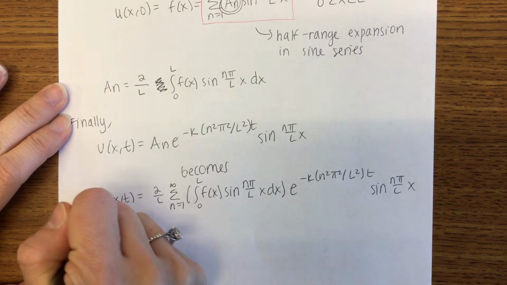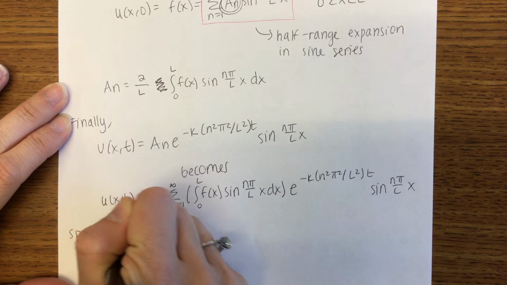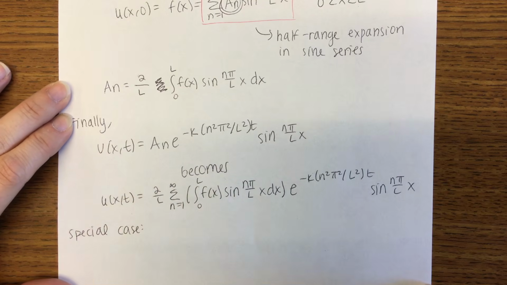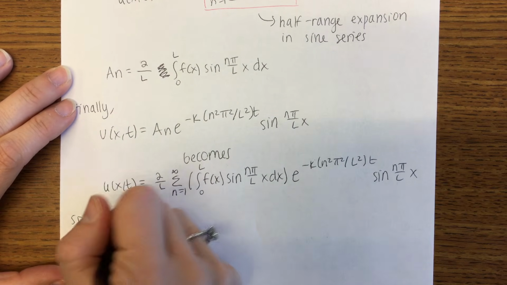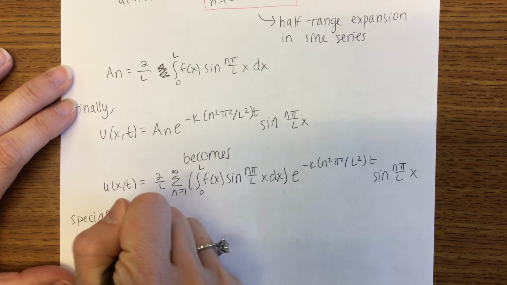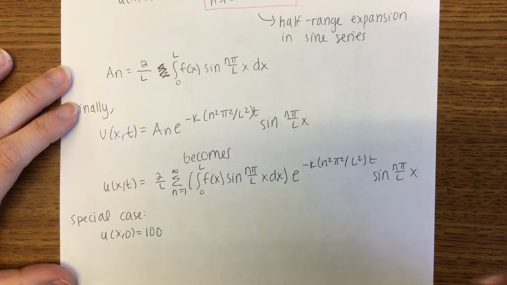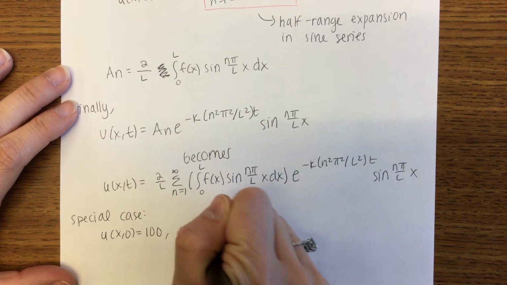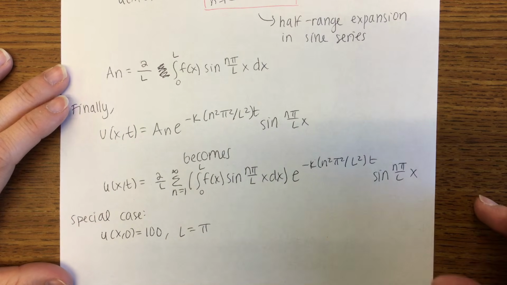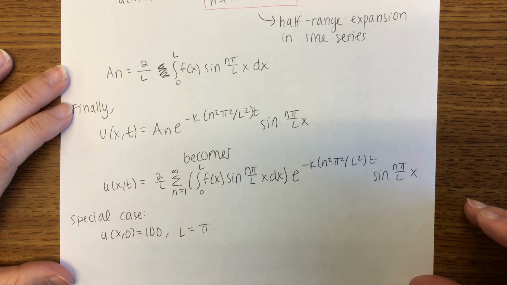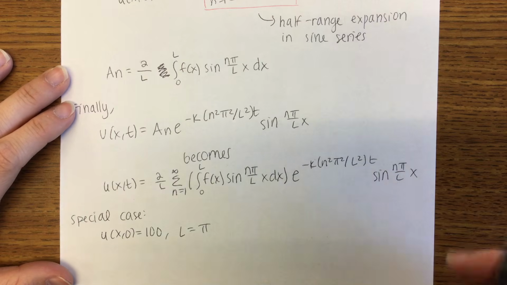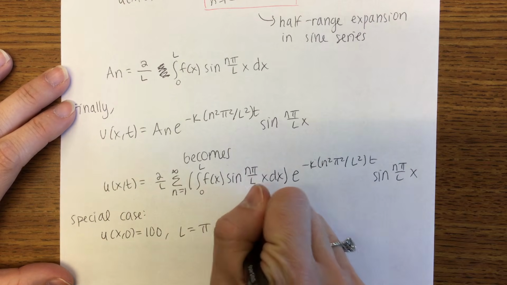Okay, there is a special case of this. The special case is where u of x,0 equals 100, so the initial temperature throughout is 100. L is equal to pi. What is that telling us? The length of the rod is pi. And then k is 1.